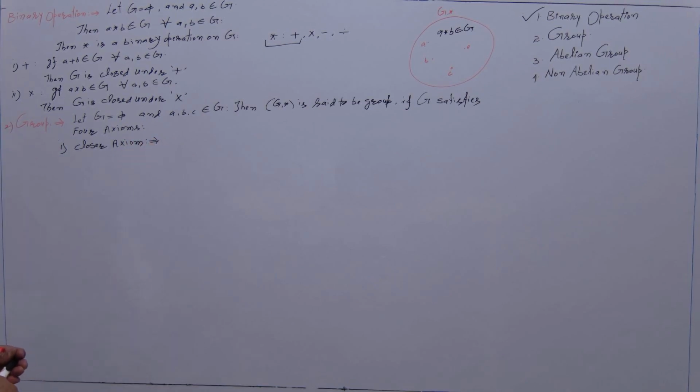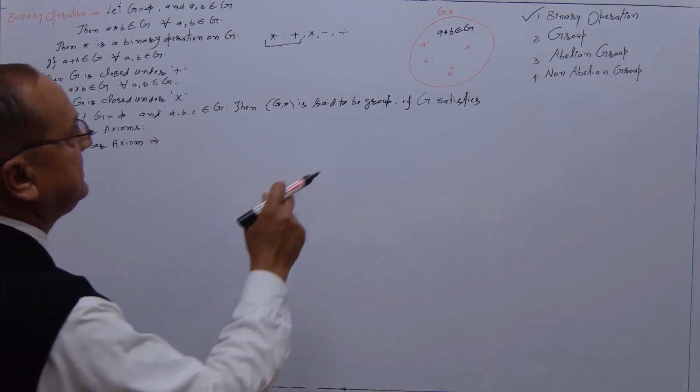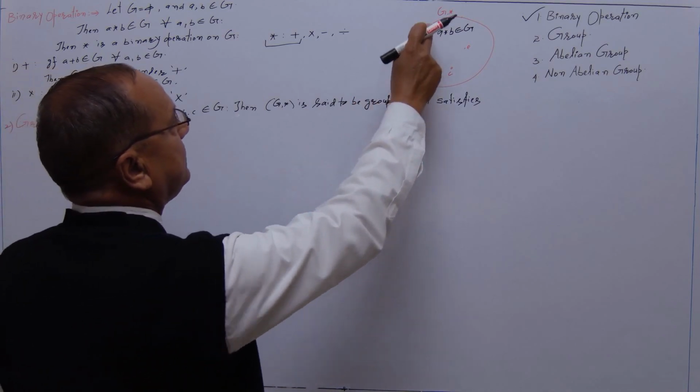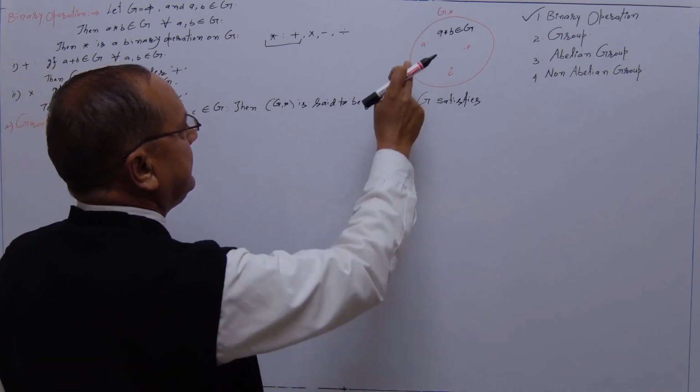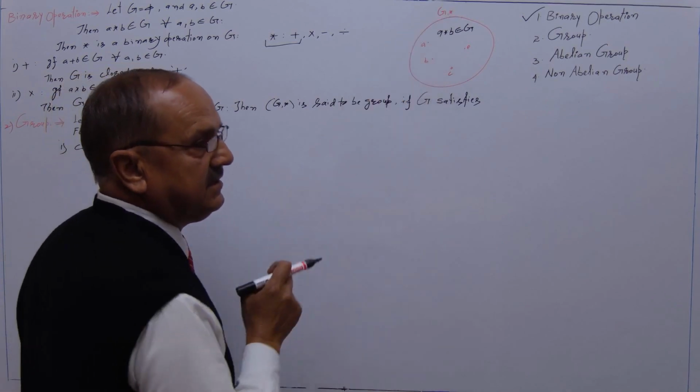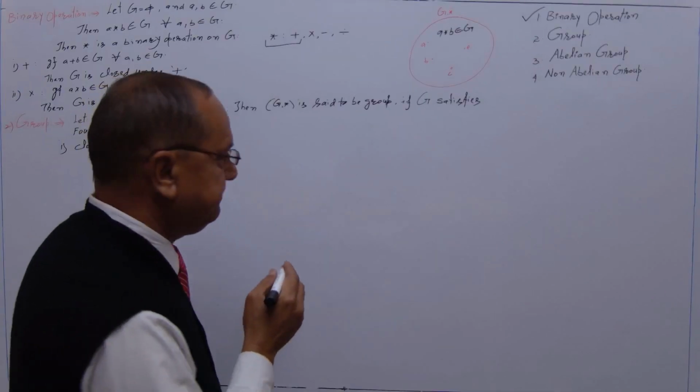In closure axiom, let a, b belong to set G, then a star b is also an element of G.